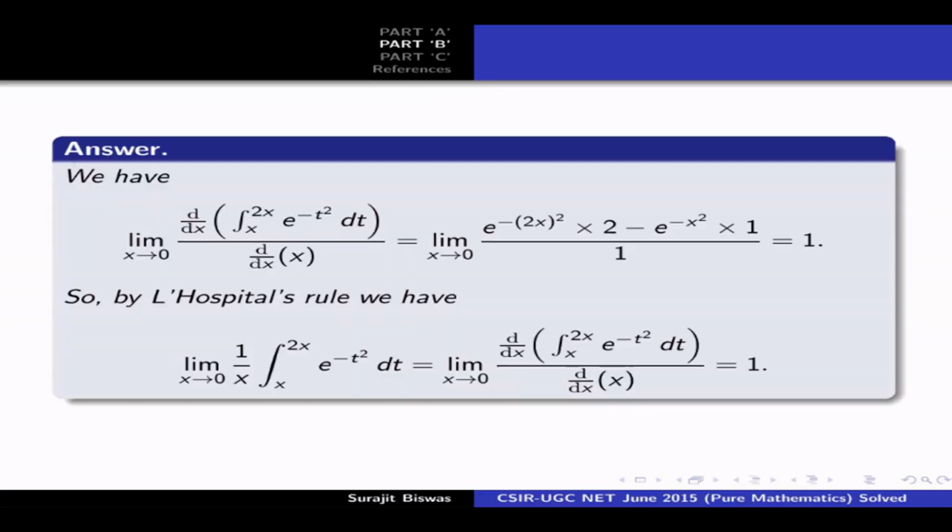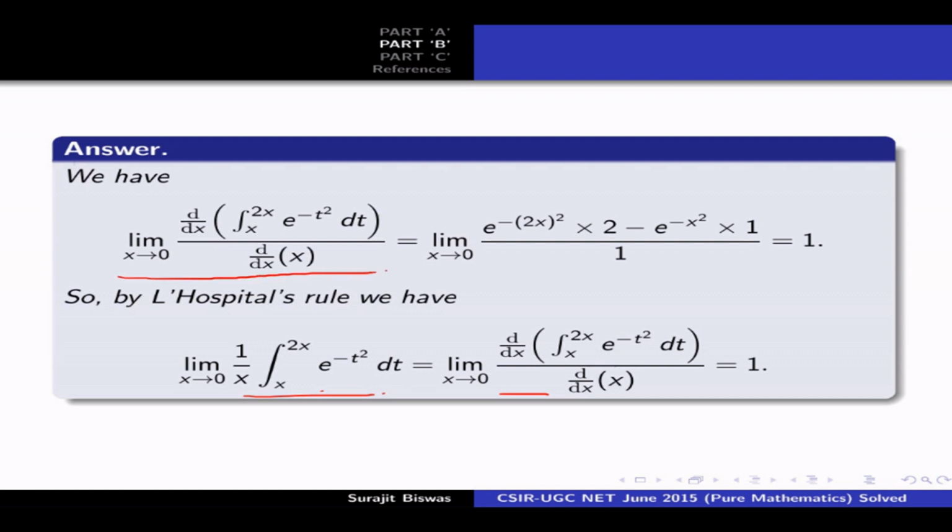Therefore we can use L'Hopital's rule, provided the limit of the ratio of derivatives exists. If we differentiate the integral and differentiate x, and this limit exists, then we can apply L'Hopital's rule to say that this limit equals that limit. So we first compute this limit as x tends to 0.